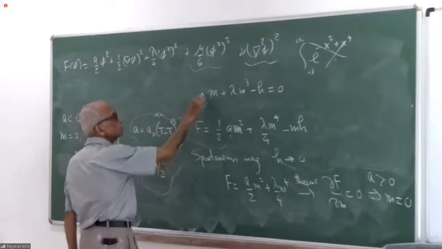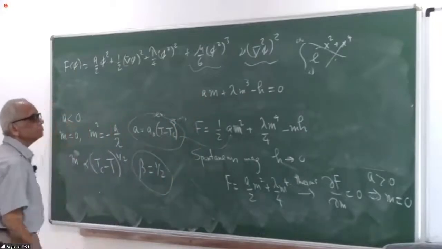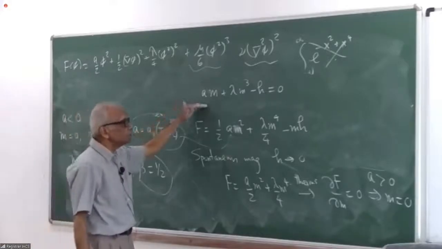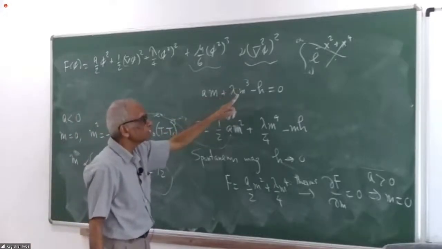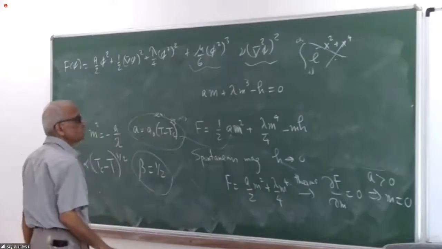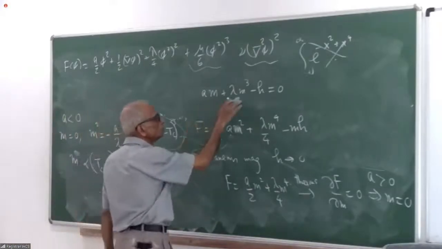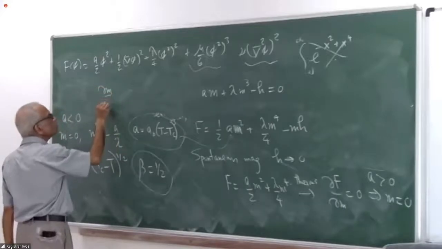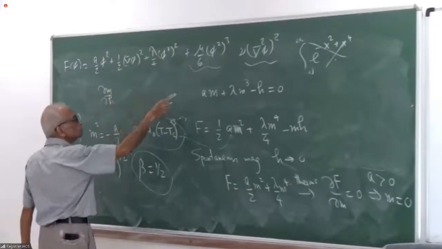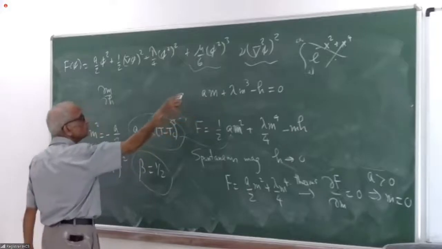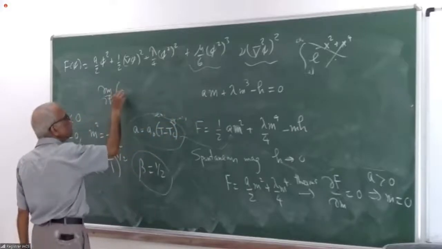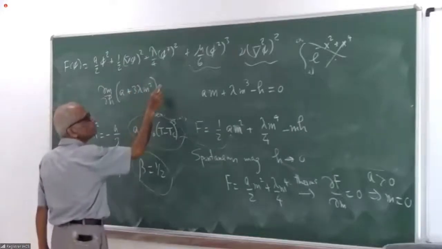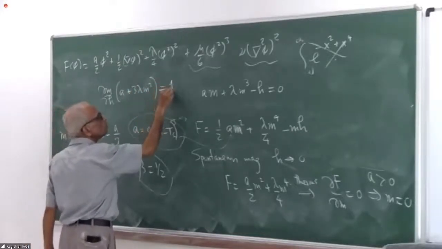So a m plus lambda m cubed minus h is the minimization condition in the presence of the field. Now if I take del m del h, I'm taking a derivative with respect to h, so (a plus 3 lambda m squared) del m del h is equal to 1.